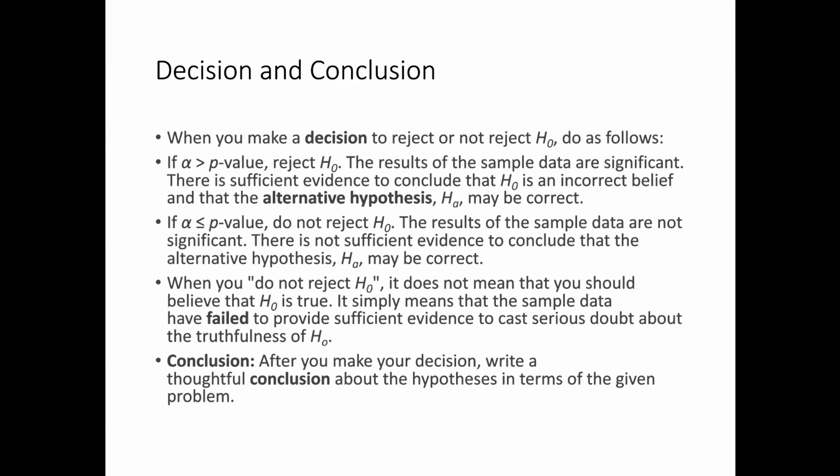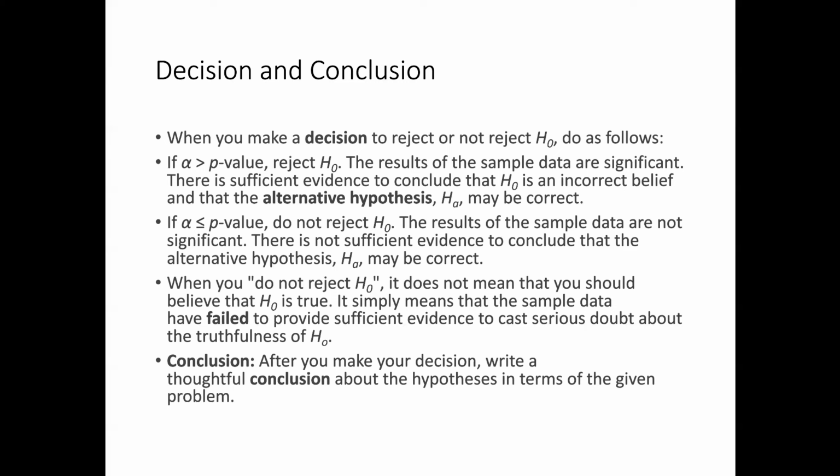When you make a decision to reject or not reject the null hypothesis, do as follows. If alpha, your preset probability of a type 1 error, is greater than the p-value, you reject the null hypothesis. The results of the sample data are significant. There is sufficient evidence to conclude that the null hypothesis is an incorrect belief, and that the alternative hypothesis may be correct.